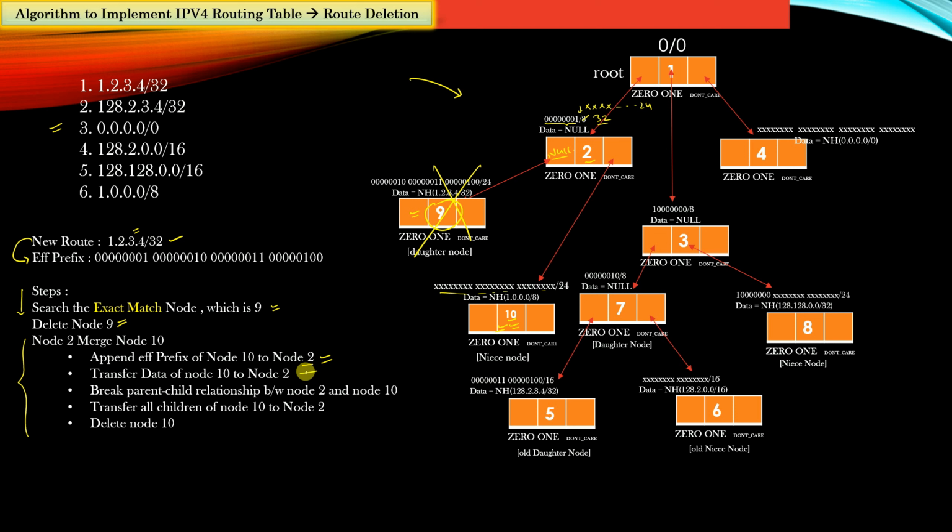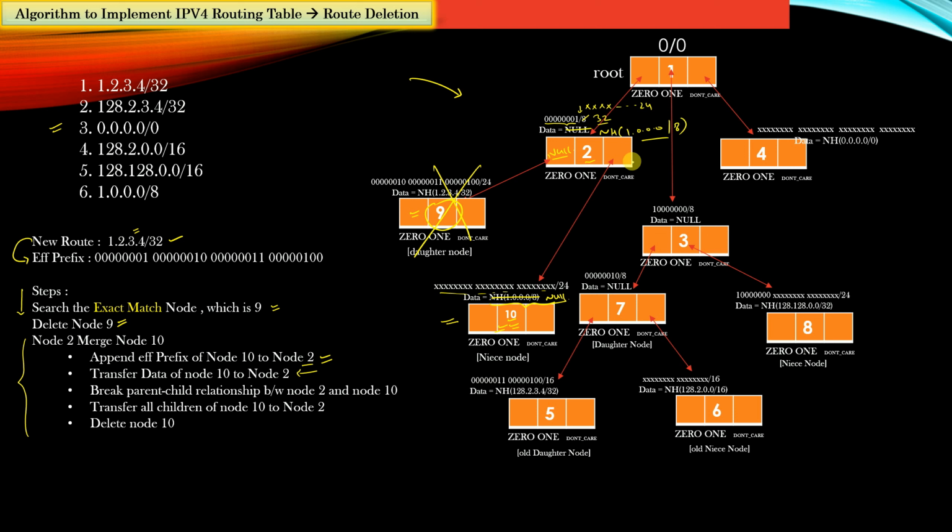Then the second step is to transfer the data of the node 10 to the node 2. Here the node 10 has the data which is next hop 1.0.0.0/8, that is a pointer to some object in the memory which represents the next hop. So simply transfer this data to the parent, which is node 2. So the data part of the node 2 would become next hop 1.0.0.0/8.